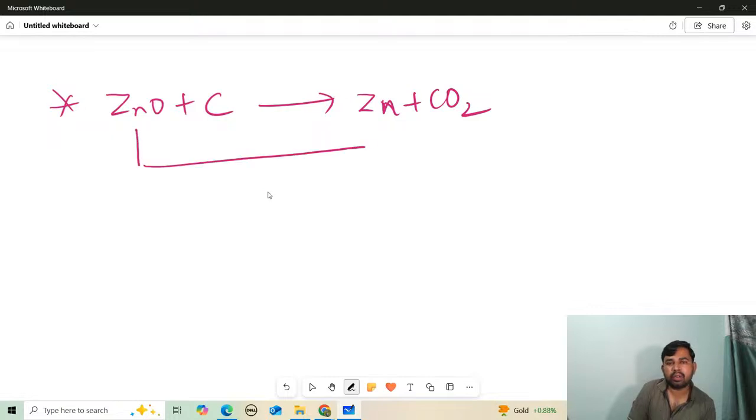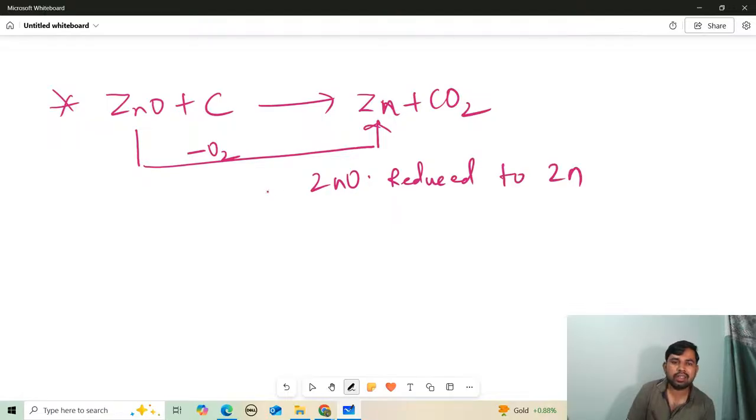Here to here, what happens? In this process, we remove the oxygen. So by removal of oxygen, zinc oxide is reduced to zinc. Don't write zinc is reduced or carbon is reduced. Try to understand: zinc oxide is reduced here. This is very, very important.